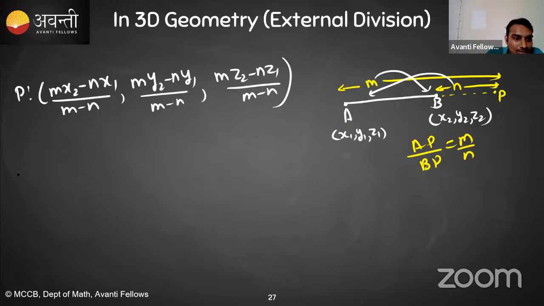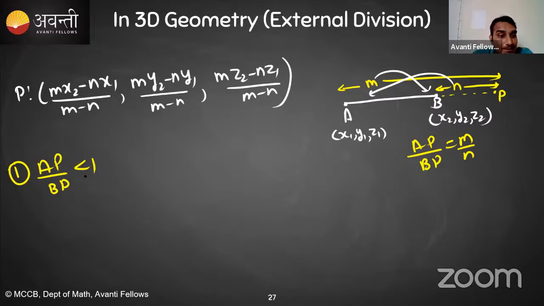Okay, let's see. So how to remember this? First of all find AP upon BP. If AP upon BP is less than 1, what does this mean? It means AP is less than BP. That is the only meaning, right?